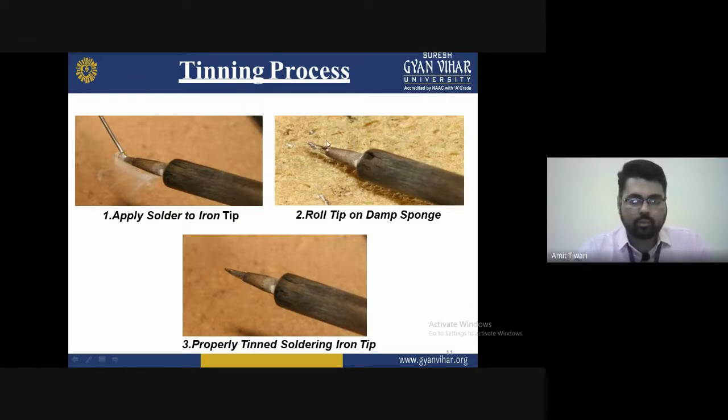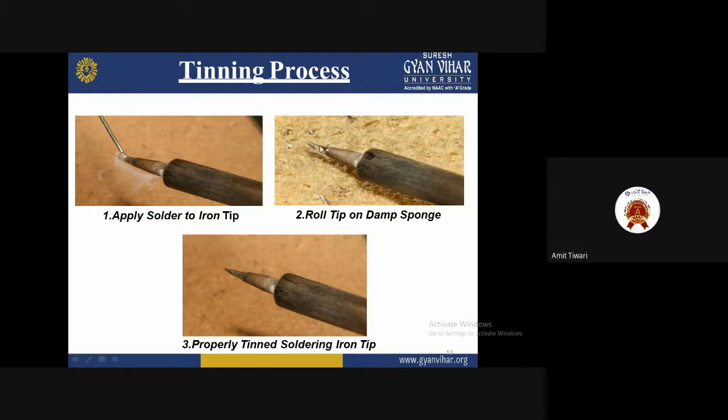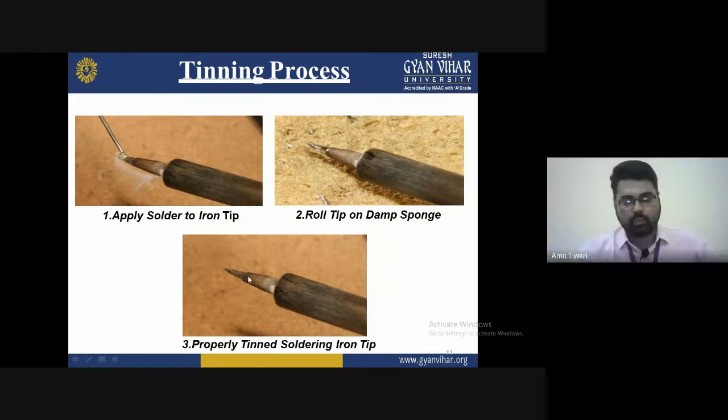After that, in the second step, you find the rolling and damp sparking on the iron tip. And the third step is to properly lift the solder from the iron tip onto the surface where you want to join. It's easy to join. There are no complications required for that.